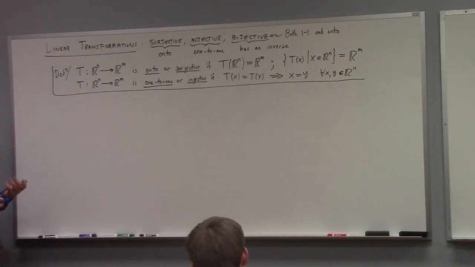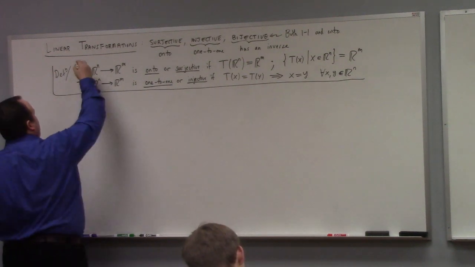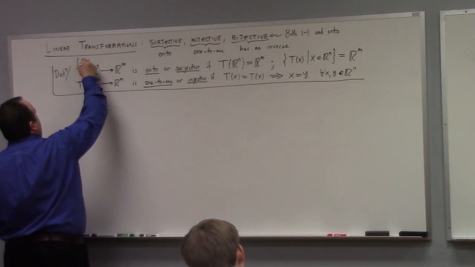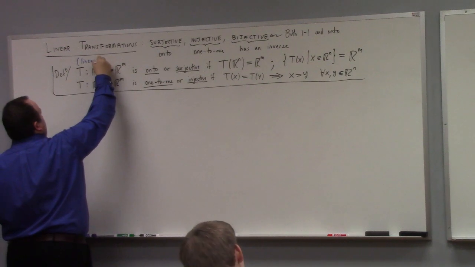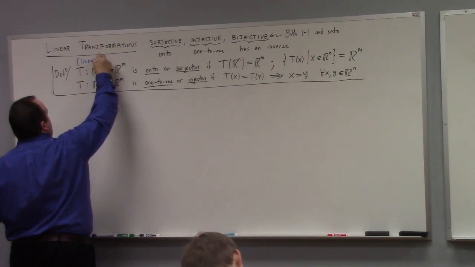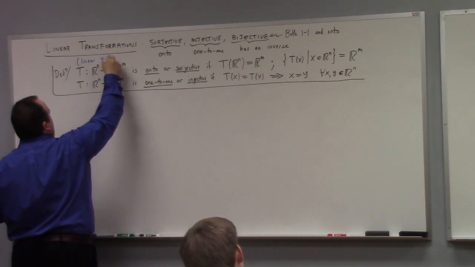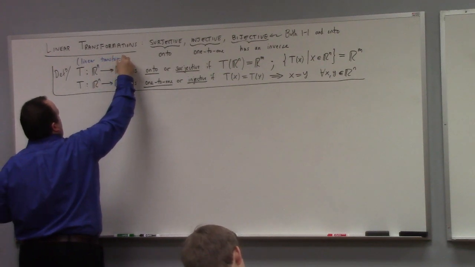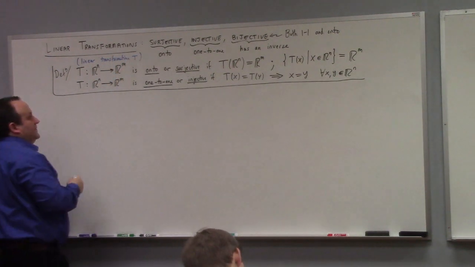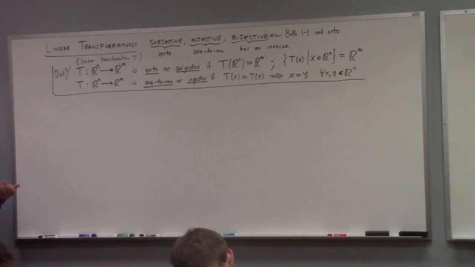For linear maps, I'm assuming both of these definitions apply to a linear transformation T. In general, deciding whether an arbitrary function is 1-to-1 or onto is a much more difficult task.